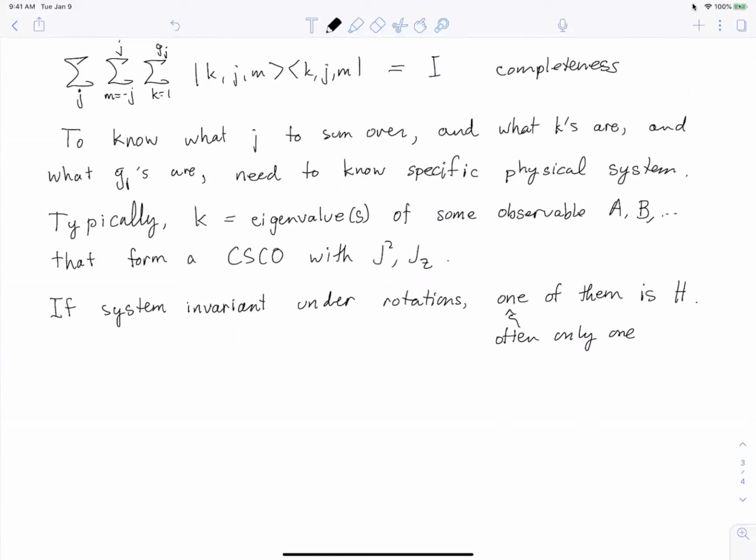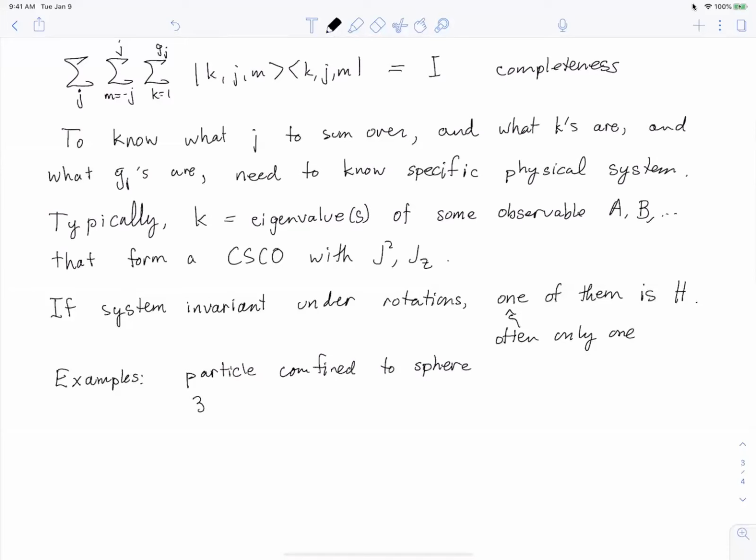Okay, so examples of this that we're actually going to do are going to be a particle in a sphere, a particle confined to a sphere. That's the analog of the one-dimensional particle in a box, but more realistic because usually physical systems that we're interested in real life aren't in one dimension.